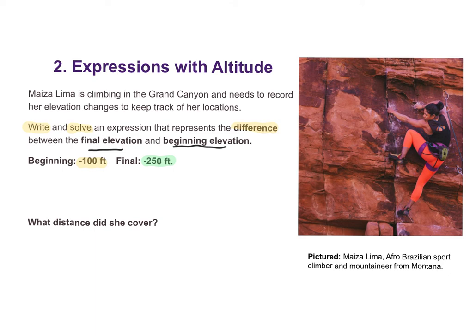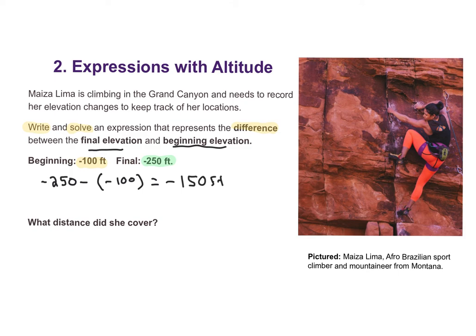So we're going to say negative 250 minus that beginning, minus negative 100. Again, you can do this in your head, or you can grab a calculator, or make yourself a number line. That comes out to a difference of negative 150 feet.